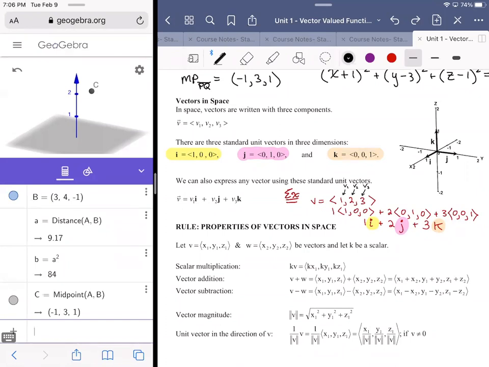So yeah. Now you can also denote your vectors in any way you want. Like for example, in the properties of vectors in space, we kind of change the script up here and say v is equal to x1, y1, z1. That's because I'm not writing it in v1, v2, v3 form. I'm writing it using x, y, and z, because each subsequent position within a vector represents a dimension.